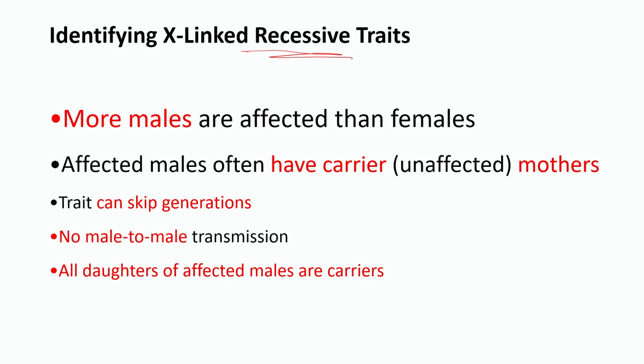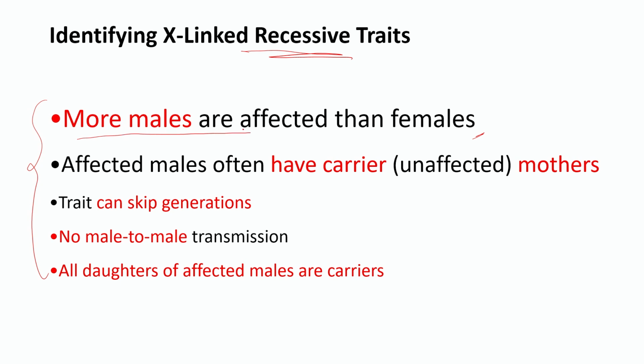Every type of inheritance pattern has a pattern; there are certain things that you see more often than others. In case of X-linked recessive inheritance, more males are affected than females. Remember that.